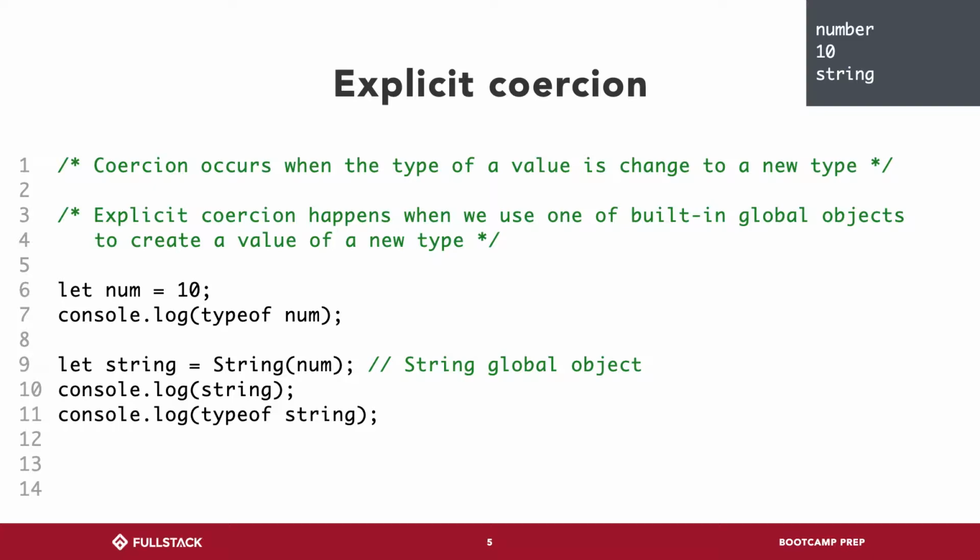Then we say let string equal to the global String object invoked, and we pass in num. Then we console.log string. It still looks like 10 in the terminal, but its type is actually string. Any questions on this? This is pretty straightforward, right? Okay.